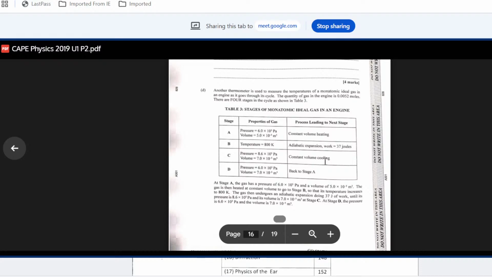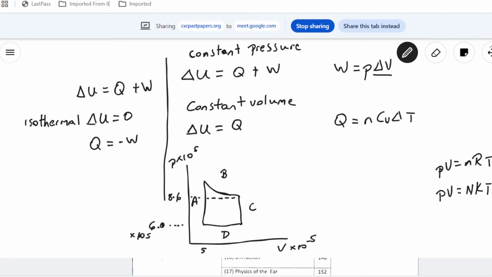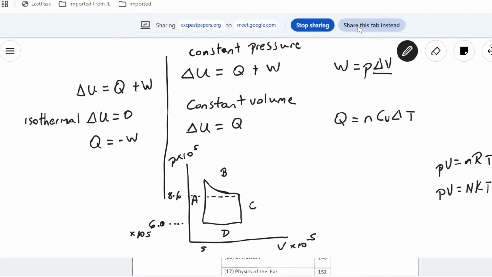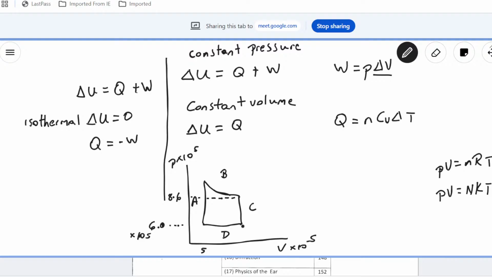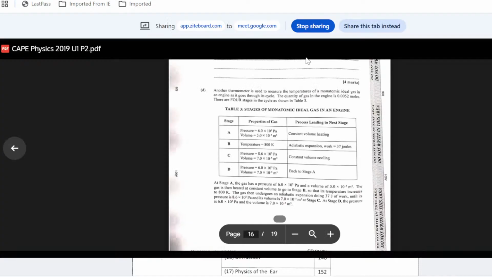So that's where C stopped. And if you look at stage A and stage D, the pressure is the same. So going back to stage A, it will just be a horizontal line going back there. So it's not a guess, they're all connected.